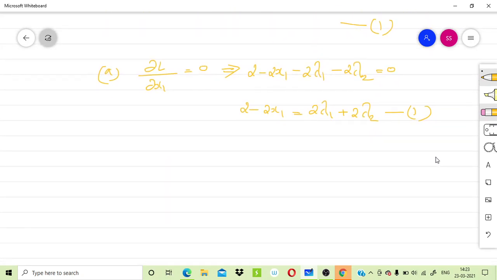Then we have dou L by dou x2, with respect to x2. Then I will get 1 minus 3 lambda 1 minus lambda 2 equal to 0, that is 3 lambda 1 plus lambda 2 equal to 1.